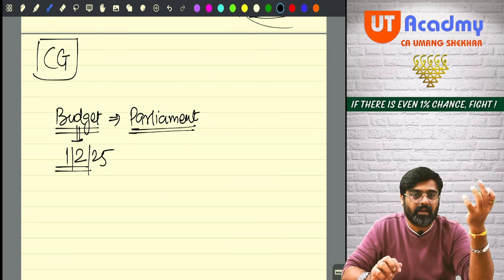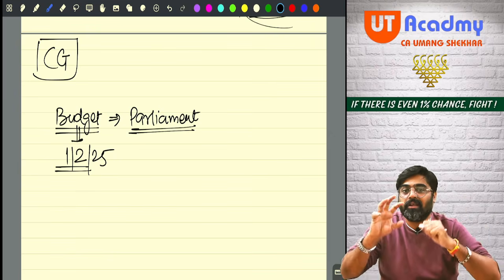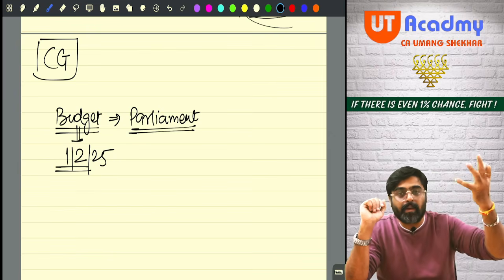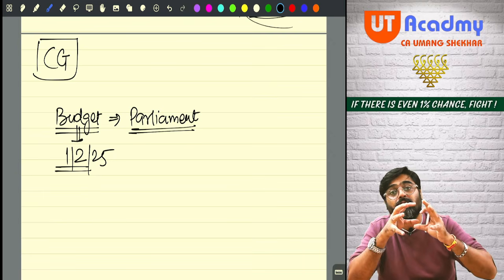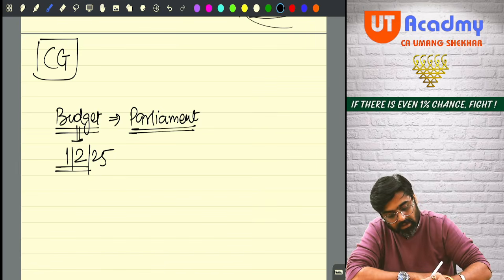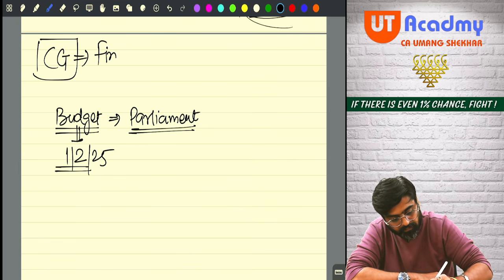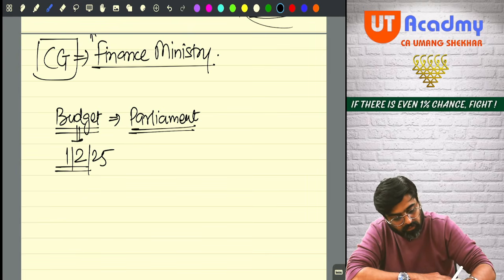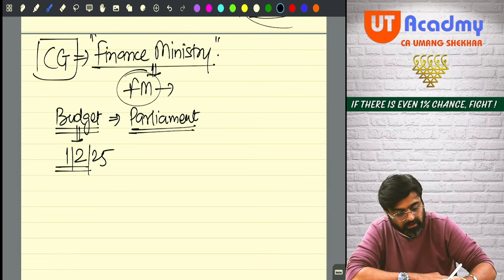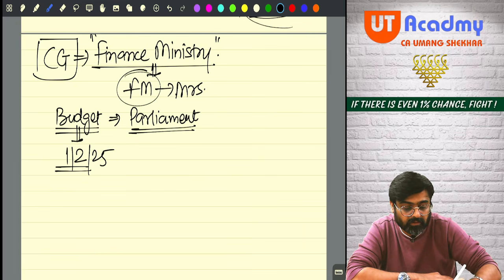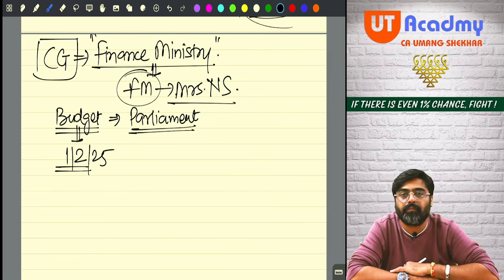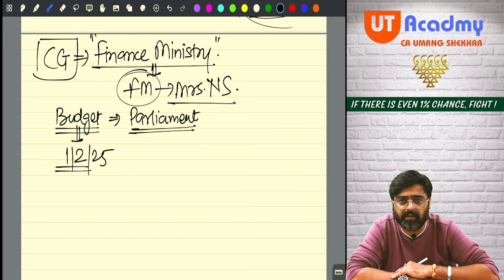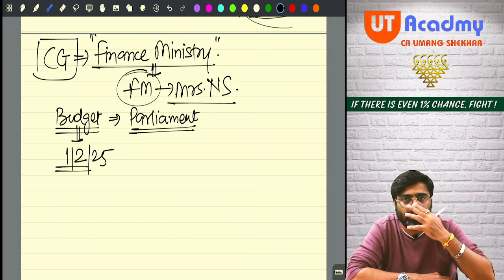Like there is a railway ministry, a textile ministry, a human resource ministry, likewise there is a separate ministry under the central government. That ministry is the Finance Ministry. The head of this Finance Ministry is our Finance Minister, our beloved Mrs. Nirmala Sitharaman. Understanding? Right now she is the finance minister, no?